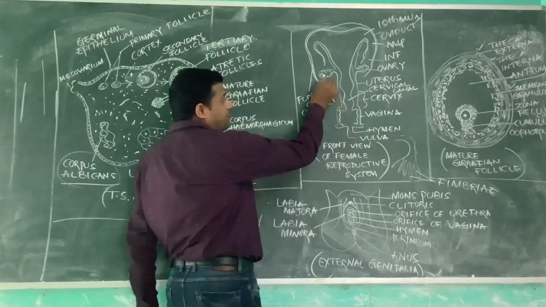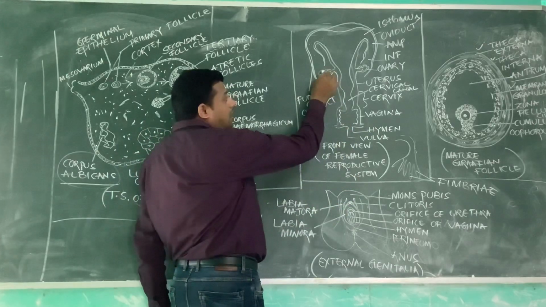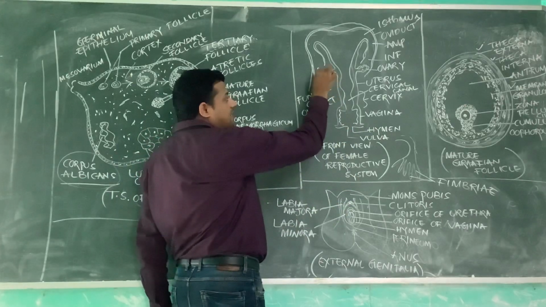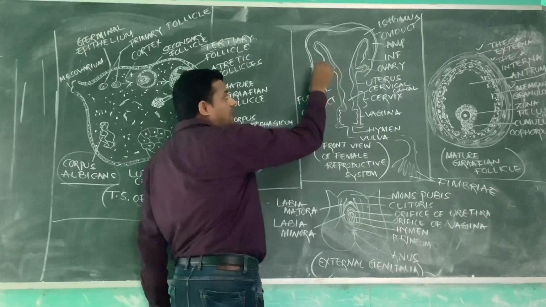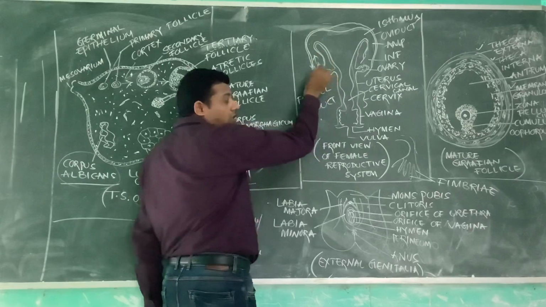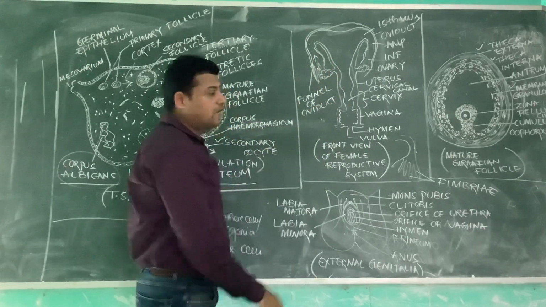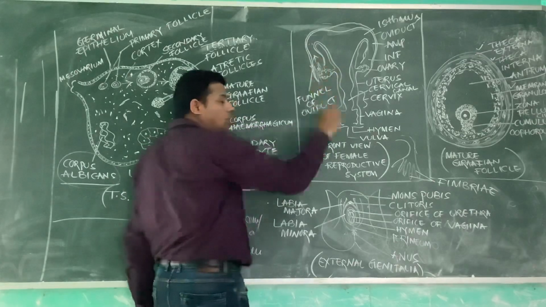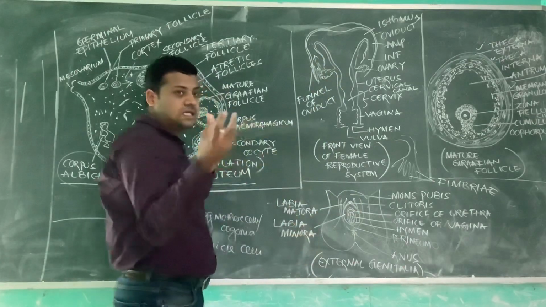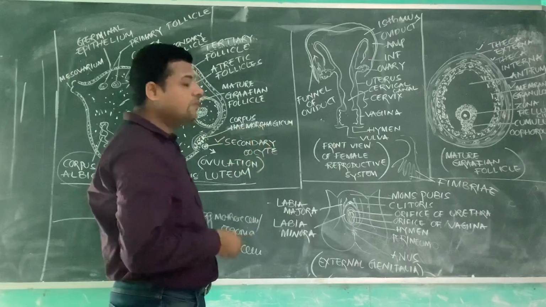Look at this diagram. Here, ovulation takes place, and the released ovum is picked up by the fimbriae, and then the secondary oocyte or developing ovum enters the oviduct through the ostium. The ostium is an opening which is surrounded by fimbriae.